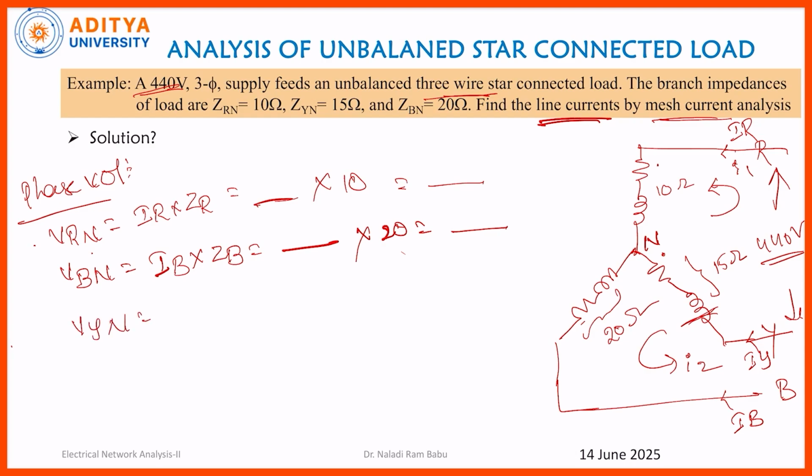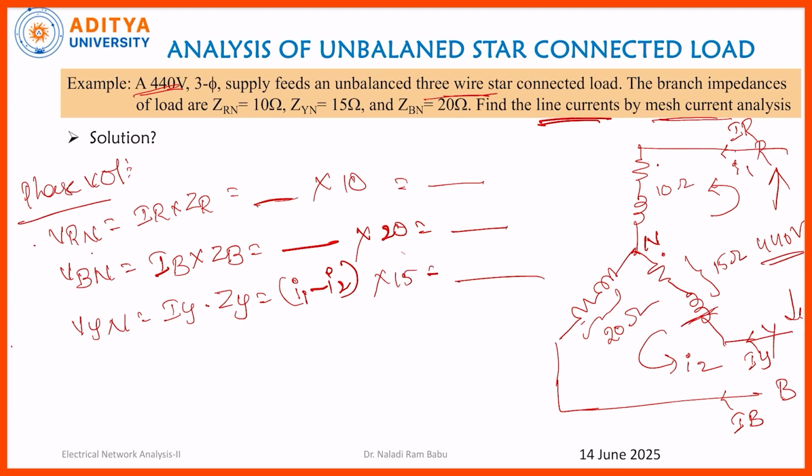And next one is VYN. For VYN the current flowing through it is IY into ZY, and the value of IY is I1 minus I2, because from this diagram it will be I1 minus I2, and the ZY value is 15 ohms.